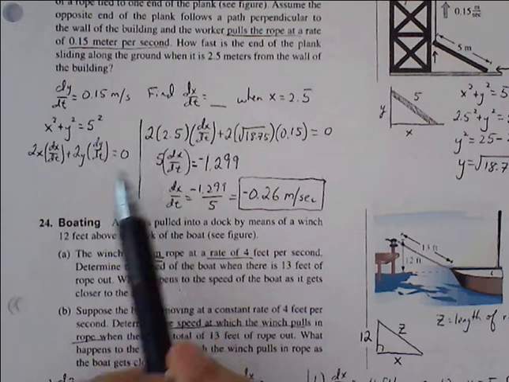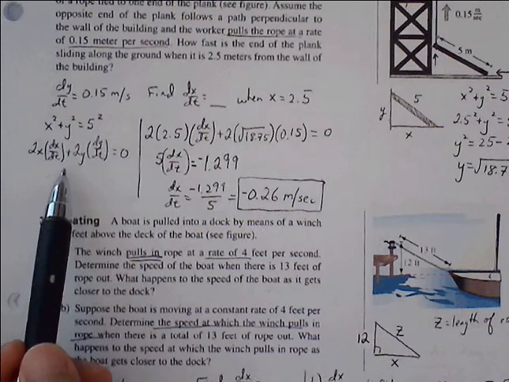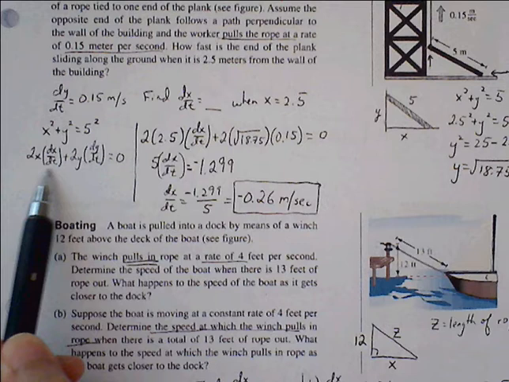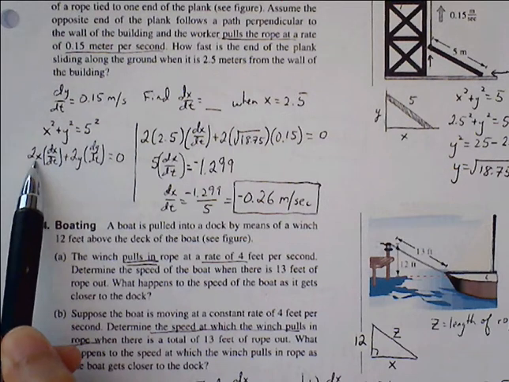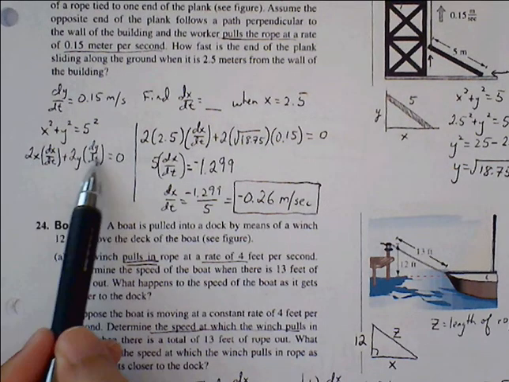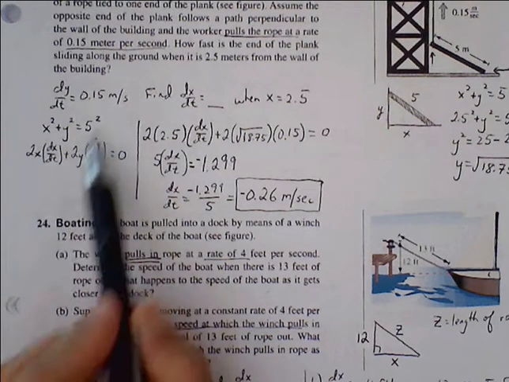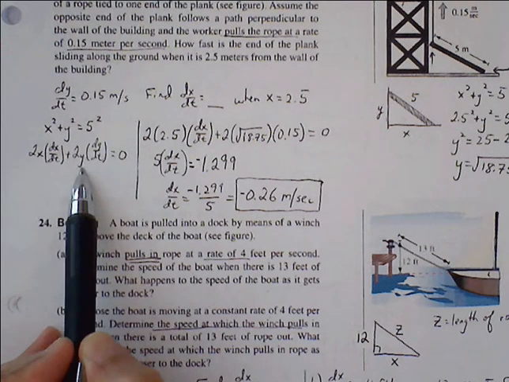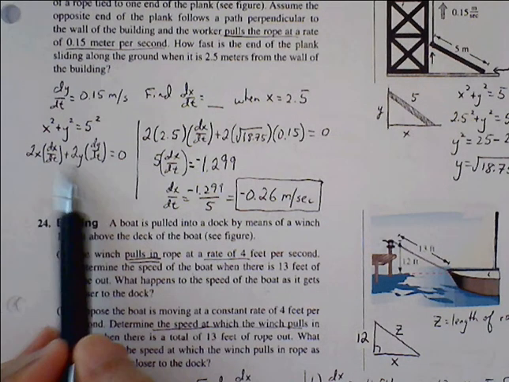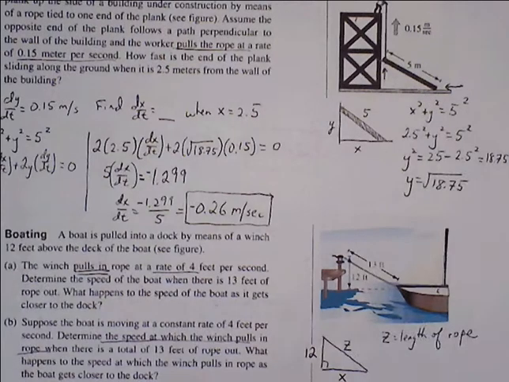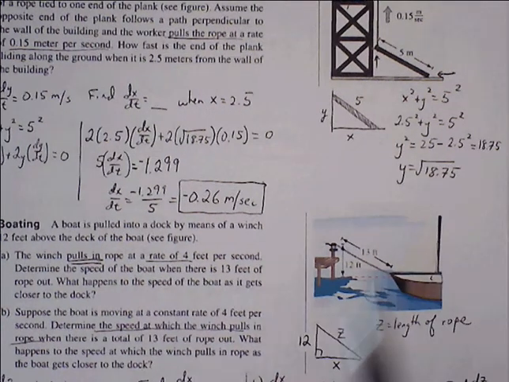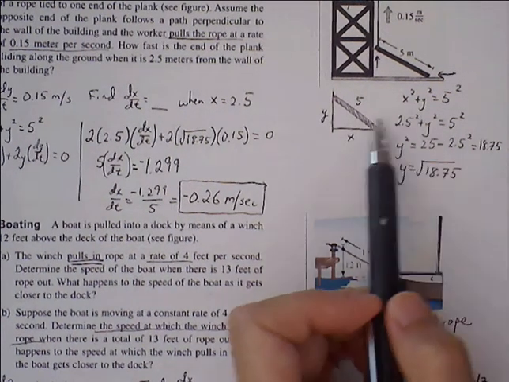So let's see what else we need. We're trying to find dx/dt, so that's the missing variable we're solving for. We know x is 2.5. We know dy/dt, which is 0.15. The one missing piece of information that we still need to plug in is this y value. So let's look at the dimensions for this triangle. We know x squared plus y squared equals 5 squared.